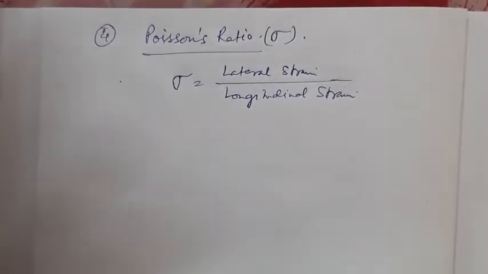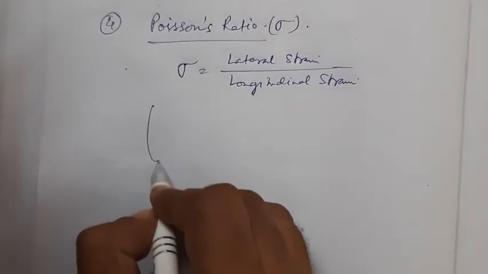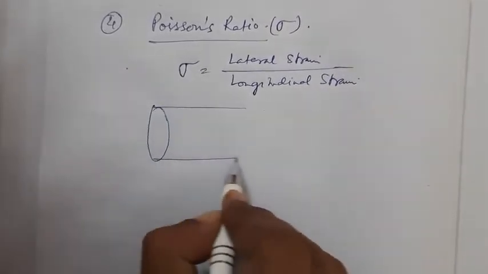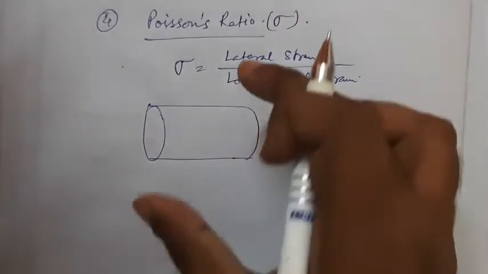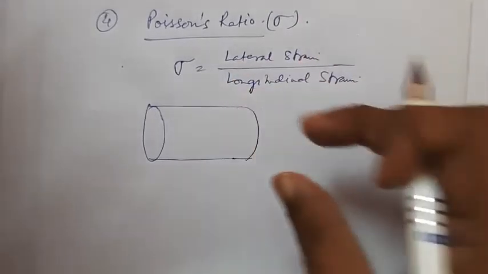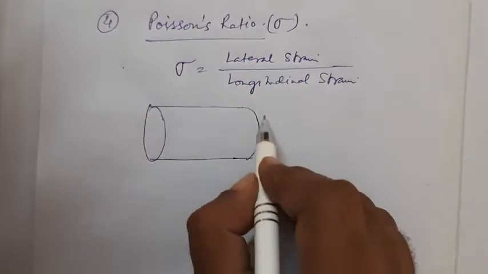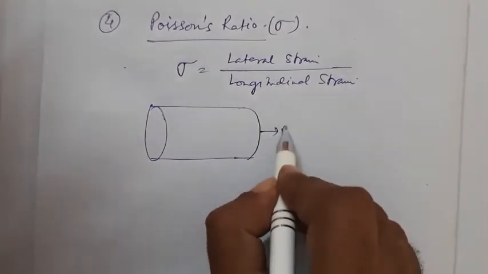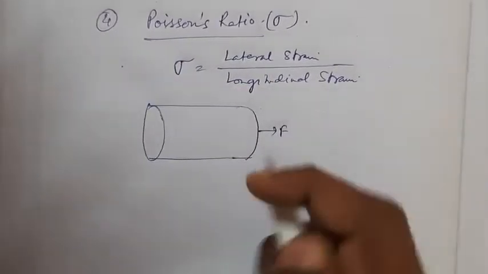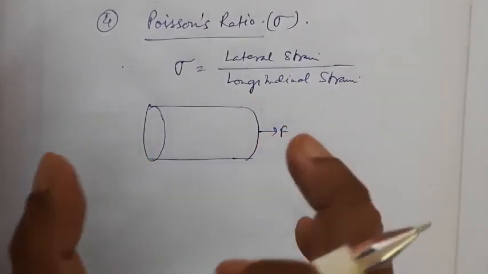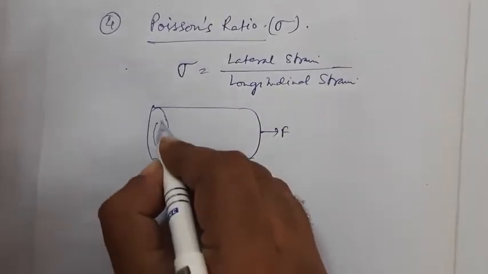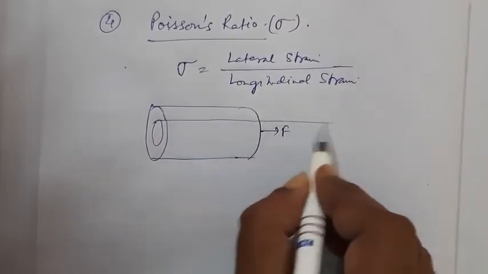That means if we draw the diagram like this, if we take a wire or a thick cylindrical soft thing like this, and apply a force on it in this direction, the body will have a constant volume, but it will look like this.